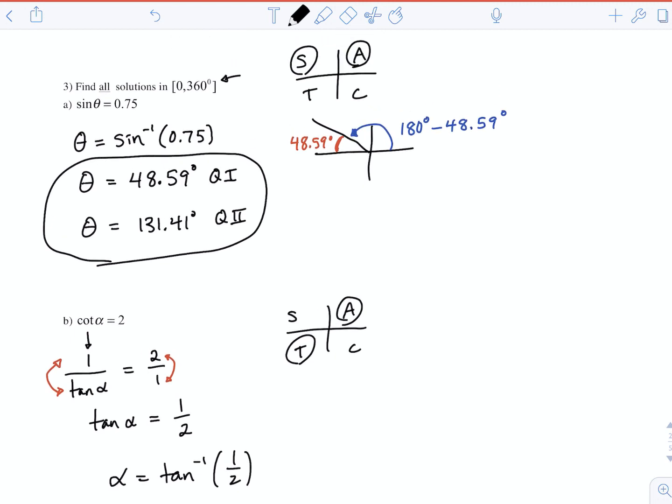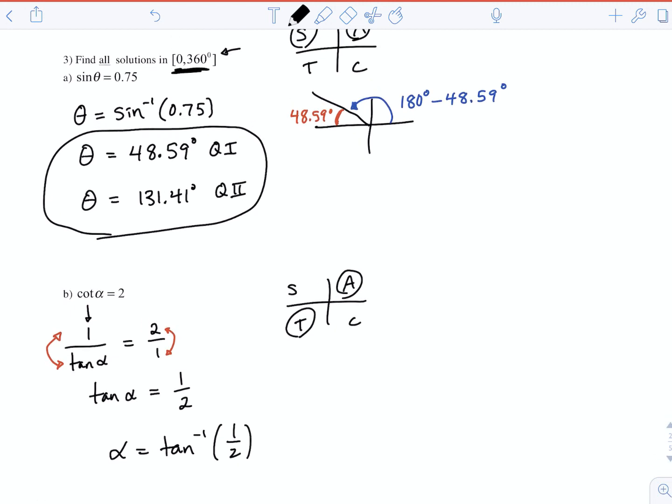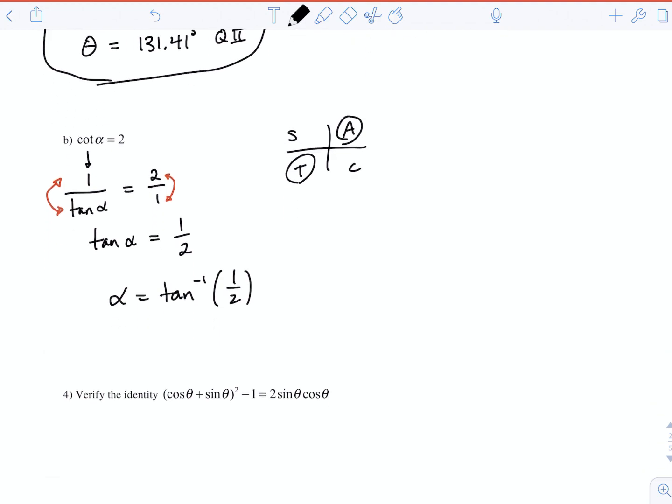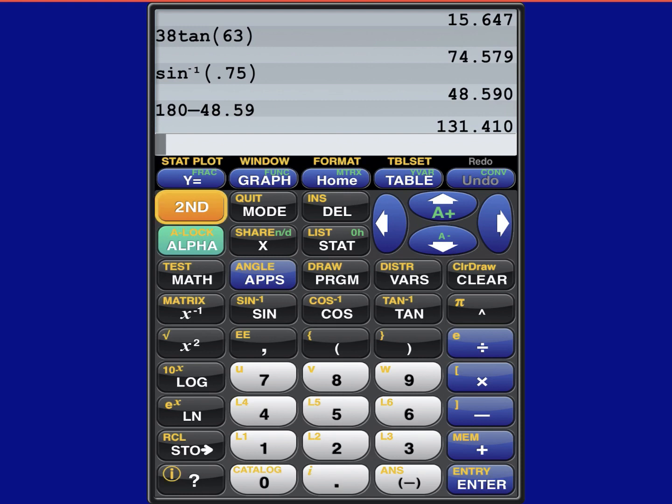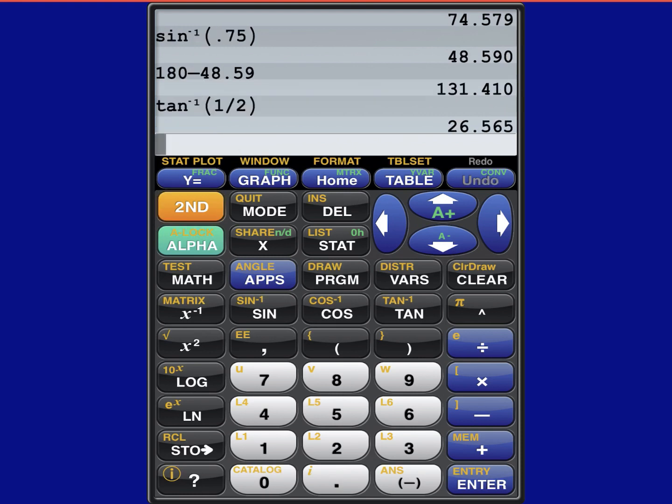And do keep in mind that over here it's saying you should be using degrees. So far nothing is in radians. Tangent inverse of 1/2. That is in quadrant 1, 26.565 degrees.